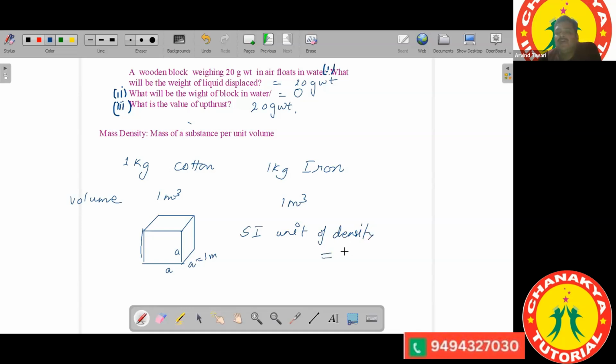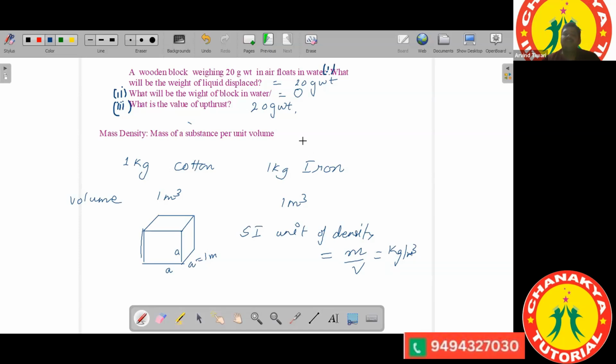This is mass per unit volume, and hence it will be kilogram per meter cube. The SI unit of density is kilogram per meter cube. We measure the mass in kilogram, we measure the volume in meter cube, and hence the SI unit of density would be kilogram per meter cube.